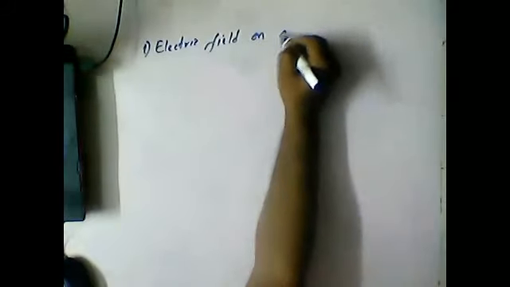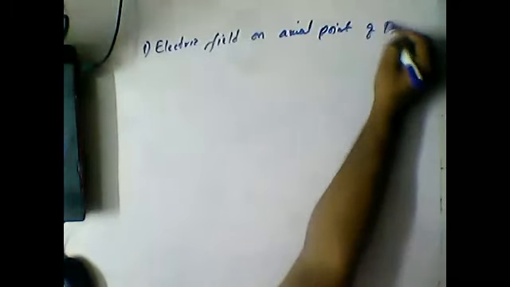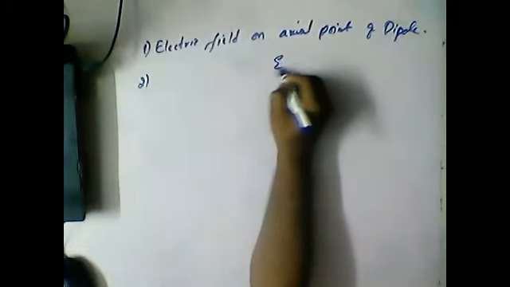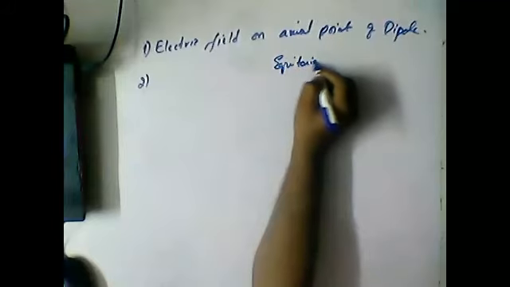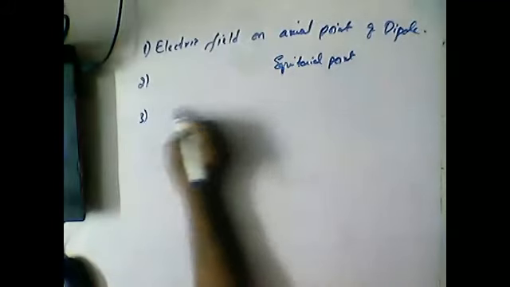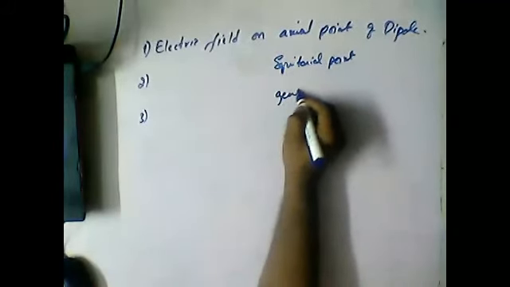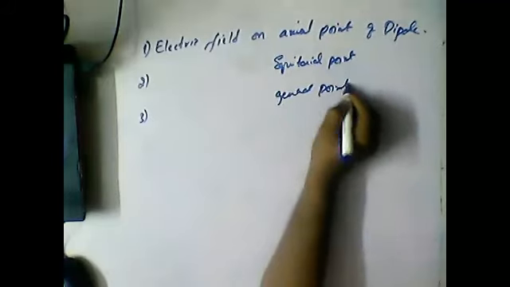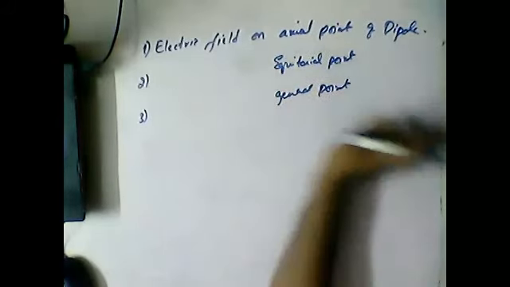First one is the electric field on the axial point of a dipole.